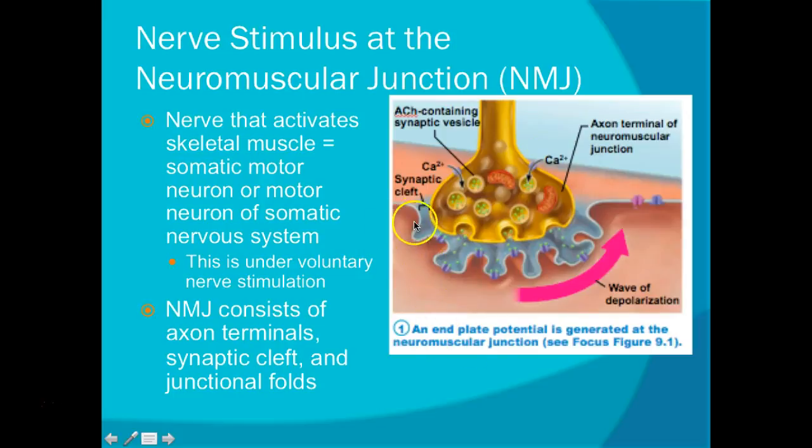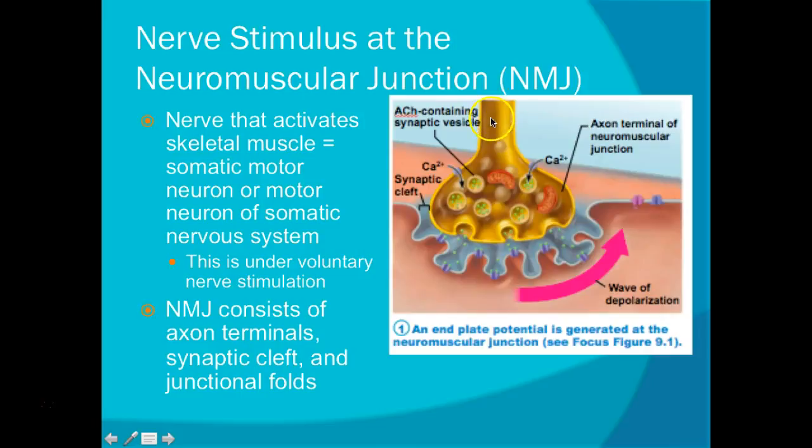Now, our skeletal muscle, you could see this plasma membrane, which is called the sarcolemma. Remember, sarco meaning muscle, lemma means plasma membrane. So this is our muscular plasma membrane, and it has all of these folds within it. They're highly folded, and this is really great because it increases the surface area for millions of our acetylcholine receptors, these little purple guys here. So what's going on here? We get an action potential sent through the nerve.